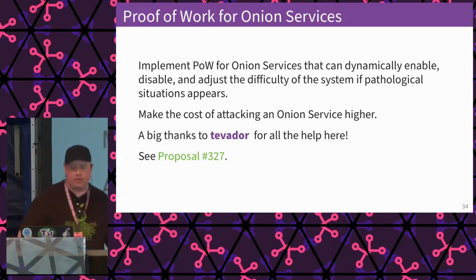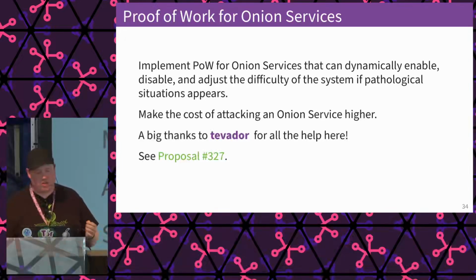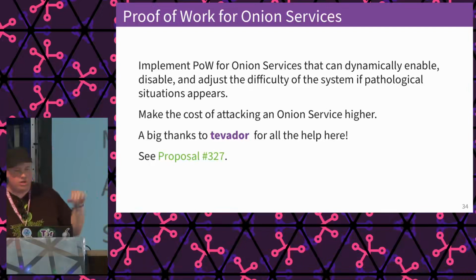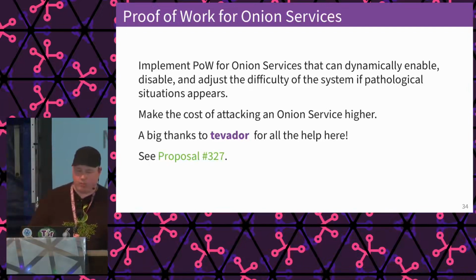We've gotten some help from a hacker called Tevador on this, and we are still experimenting a little bit with the entire setup. It all happened during a hack week during the ongoing denial of service a couple of weeks ago, where David and Mike dived into this.